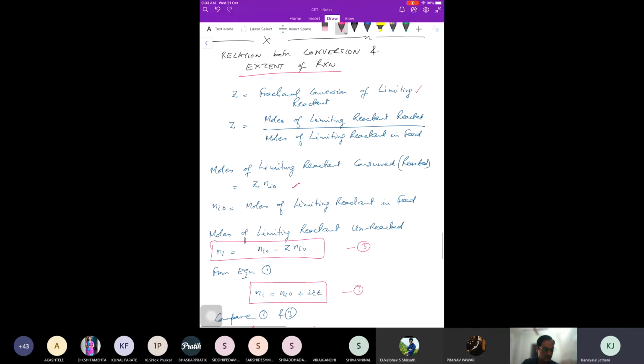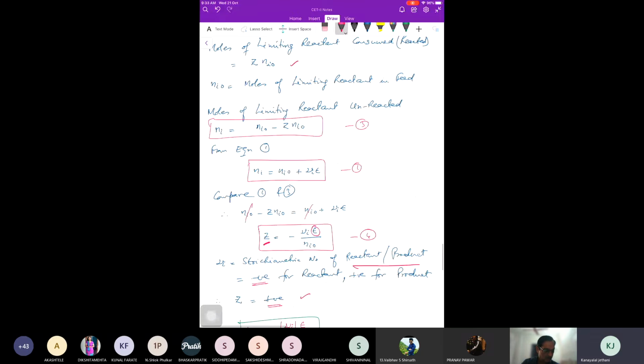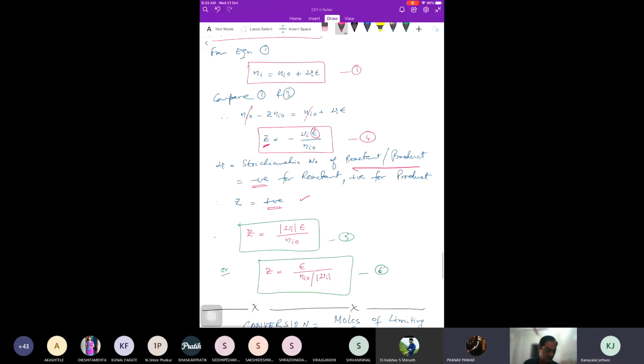Got it sir. Okay, so z is always going to be positive, and here there is a negative number, equal to minus nu i epsilon upon n i zero, right? So what it means is if you want z to be positive, you should always take the absolute value of nu i, because nu i can be negative or positive, right? So if we take the absolute value of nu i, we always get a positive number on the right hand side, and that's why, taking this as positive, the negative sign is removed. You don't need to put a negative sign here.